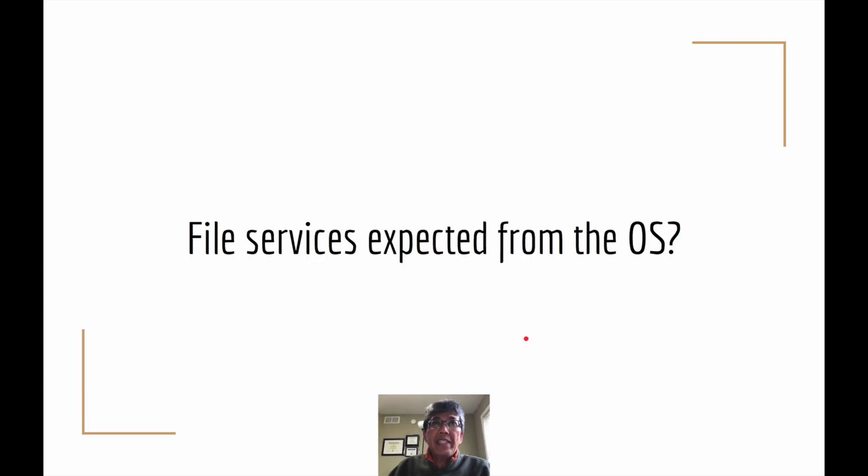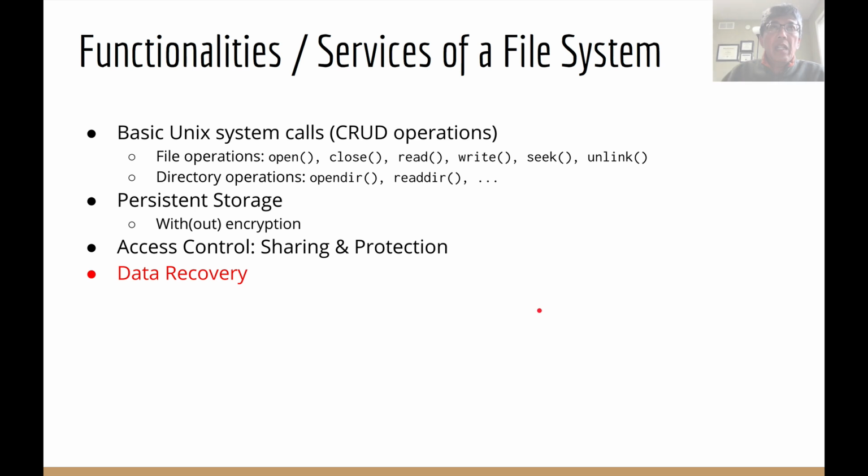So let's look at basic system calls typically provided by the operating system. There should be system calls for a user process to manipulate files and directories, to create, read, delete, and other basic operations. The OS should also provide mechanisms for the user to control access to their files.